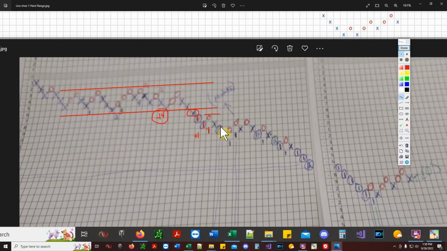Okay? So I get the confirmation again right here, and I say, okay, we're breaking down. So I bet 2 units right here. I got 2 units right there. I'm starting to feel a little better now. Got 1 unit right there, lost 1 unit right there. Okay, we back up.